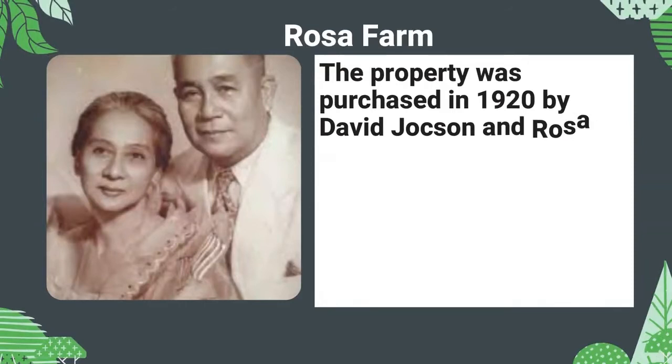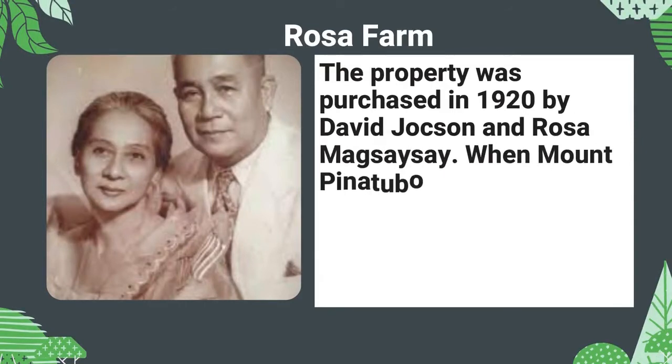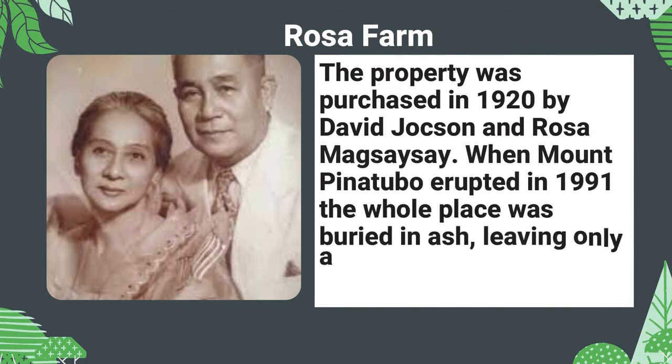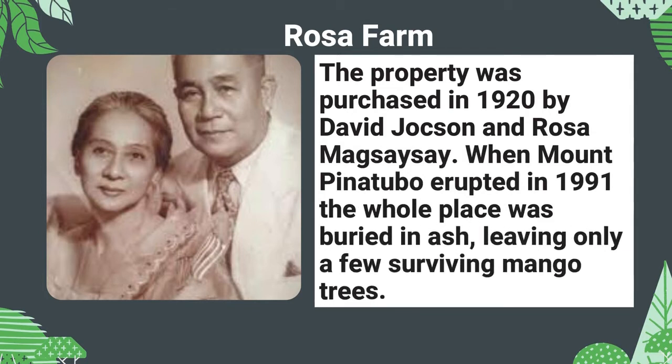The property, a short history. The property was purchased in 1920 by David Jackson and Rosa Magsaysay. When Mount Pinatubo erupted in 1991, the whole place was buried in ash, leaving only a few surviving mango trees.